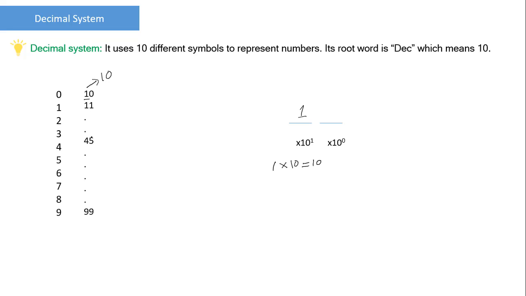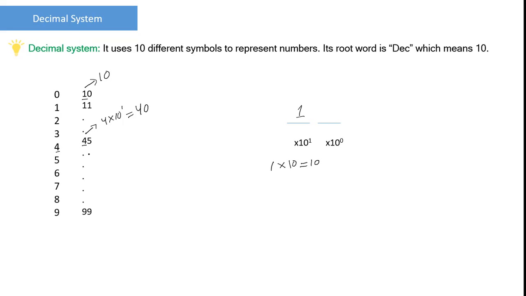Similarly, if I move on to 45, let's say, then the value of this 4 is not only 4, but it is 4 times 10 raised to power 1, that is 40. And in this way we keep on going till 99. To have a number after 99, we need to add one more digit on the left hand side.